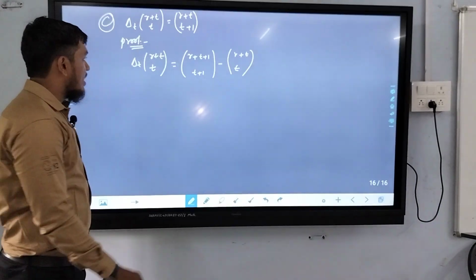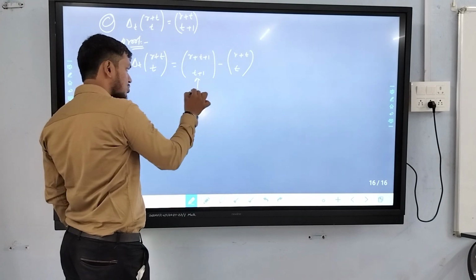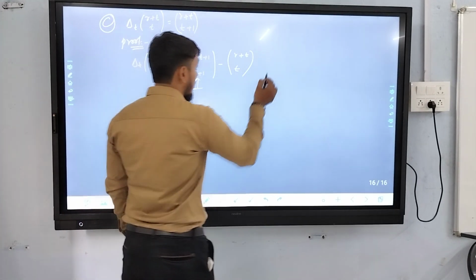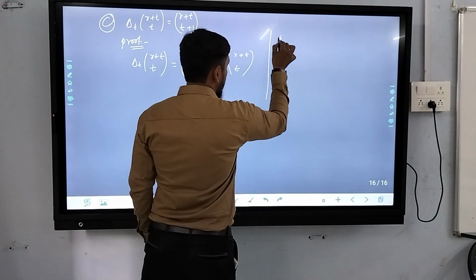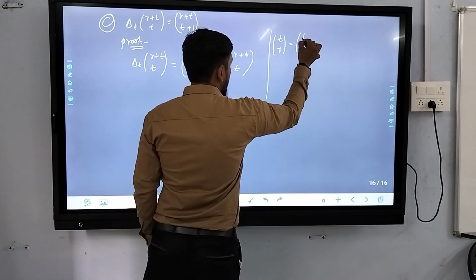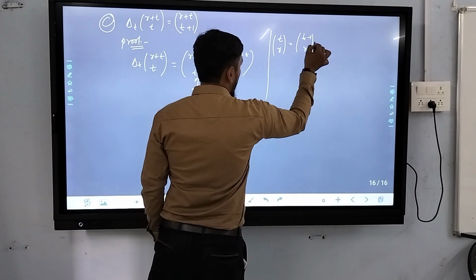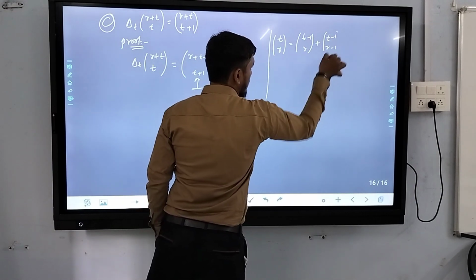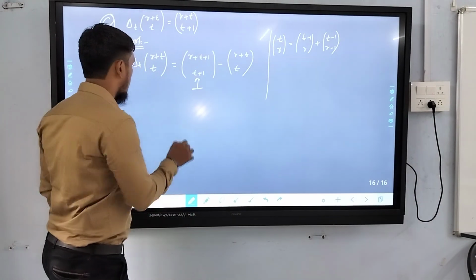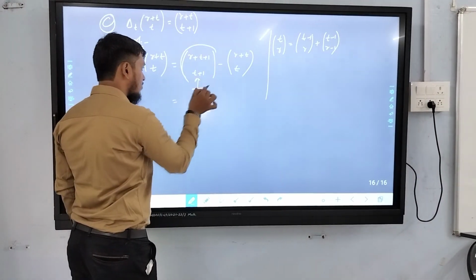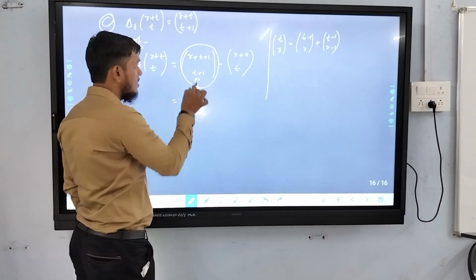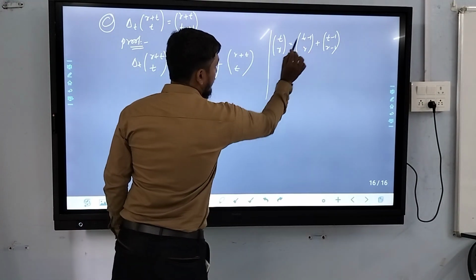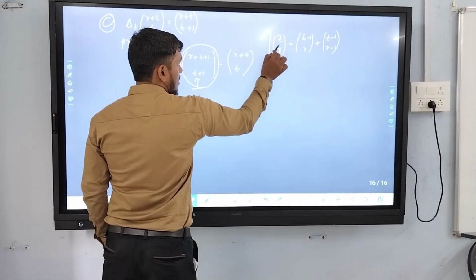Now here we use the addition formula. What is the addition formula? t C r is equal to t minus 1 C r plus t minus 1 C r minus 1. This is the addition formula. If we use the addition formula for this term, firstly subtract 1 from the upper term.